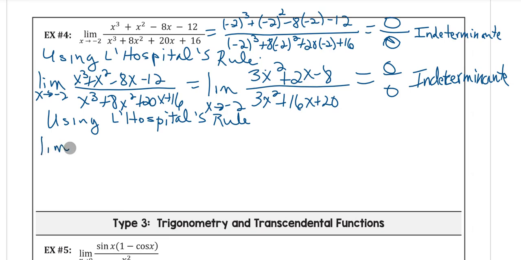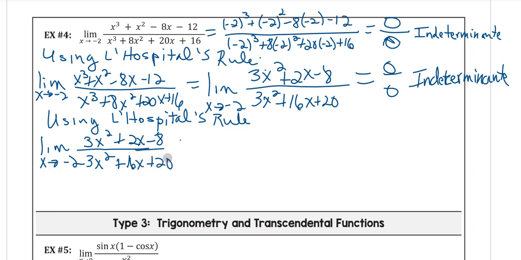So our limit as x approaches -2 of 3x squared plus 2x minus 8 over 3x squared plus 16x plus 20 is now going to equal the derivative of these two functions.